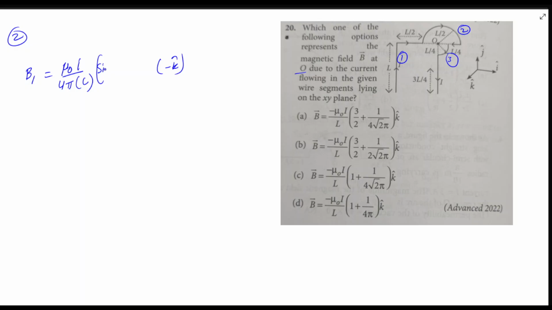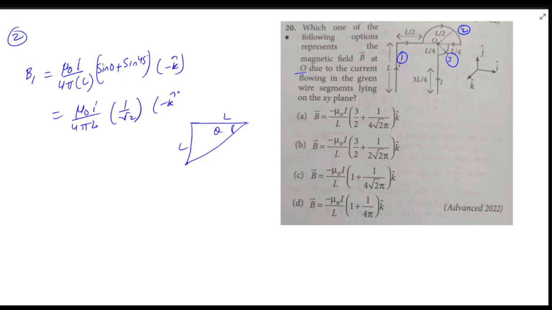Sin theta 1 is 0, so sin 0 plus sin theta 2. This is theta 2, and look, this is L and this is also L, so theta is 45. So we just write sin 45, and we get mu naught I upon 4 pi L times 1 by root 2 in the minus k cap direction.